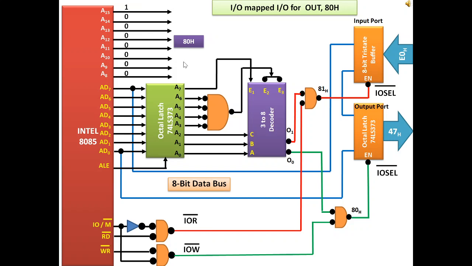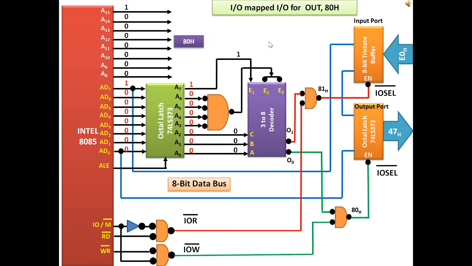So the upper address bus information and the lower address bus information will be the same, as seen here. The same thing will be transferred to the output of the octal latch, and the lower 3 bits are directly connected to the decoder, and the one from A7 is directly connected to the active high enable of this latch.